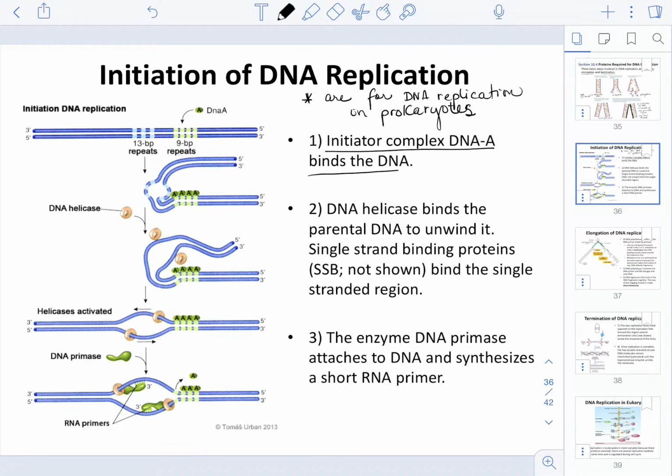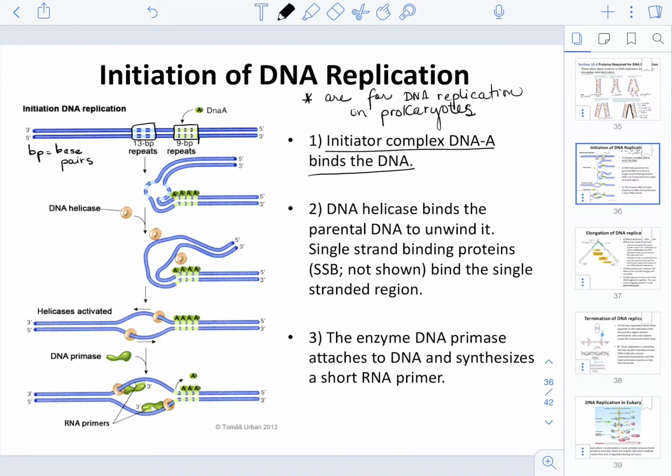As you can see, there are two specific regions that are going to be interacting with this DnaA complex. DnaA is going to be interacting with a 9 bp repeat and also with a 13 bp repeat. bp stands for base pairs.